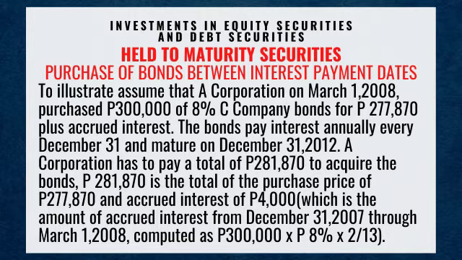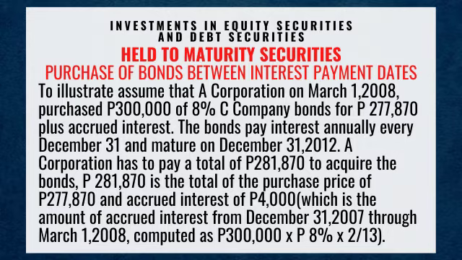To illustrate, assume that A Corporation on March 1st, 2008 purchased 300,000 of 8% C Company bonds for 277,870 plus accrued interest. The bonds pay interest annually every December 31st and mature on December 31st, 2012.